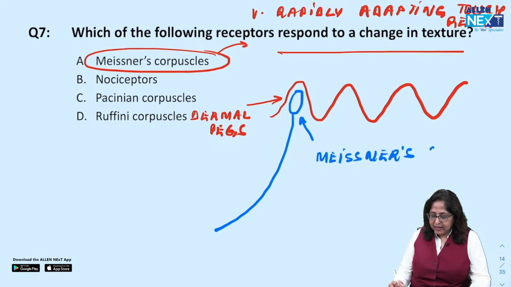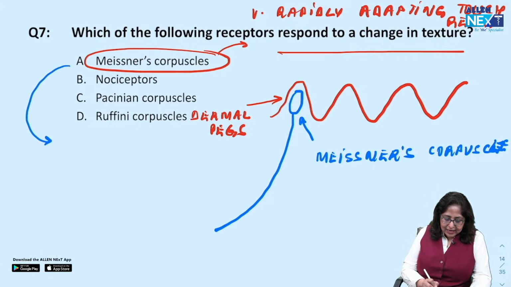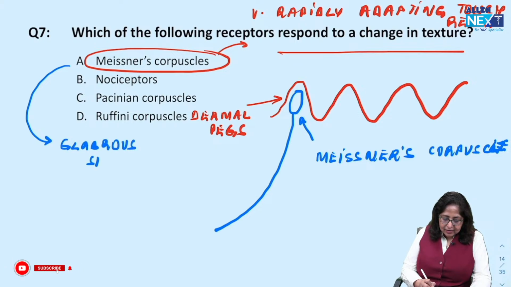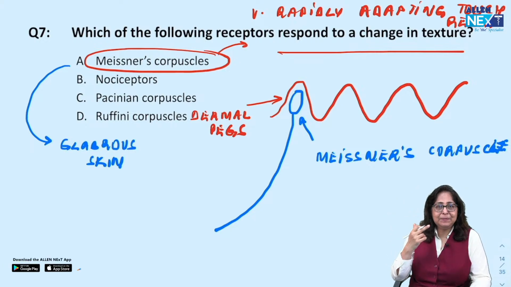Please remember, Meissner's corpuscle is located in glabrous skin. What is glabrous skin? Glabrous means non-hairy skin. Non-hairy skin means palms, soles, lips, right?